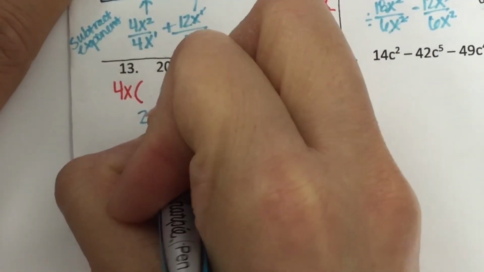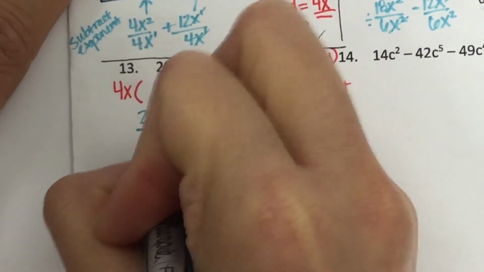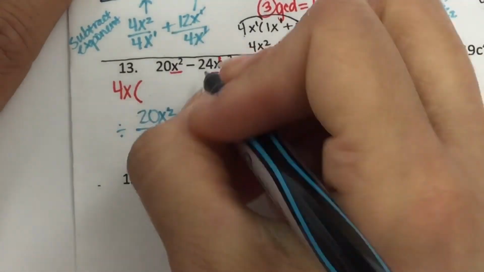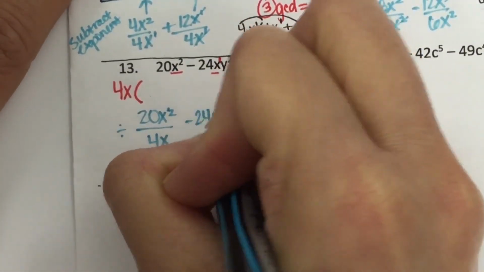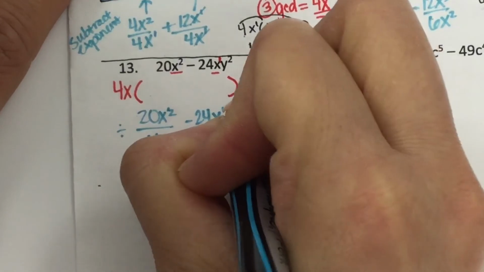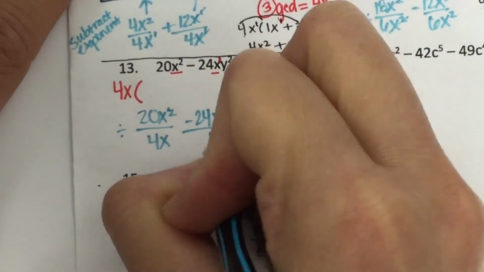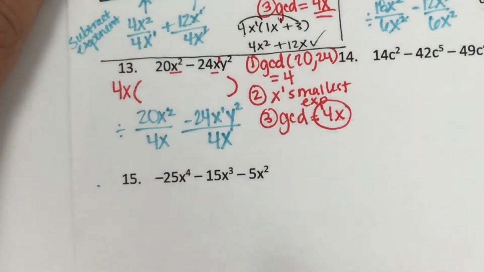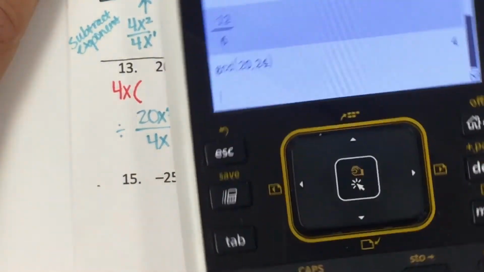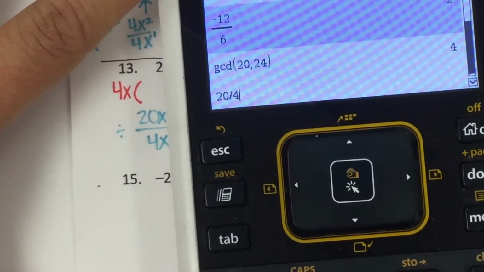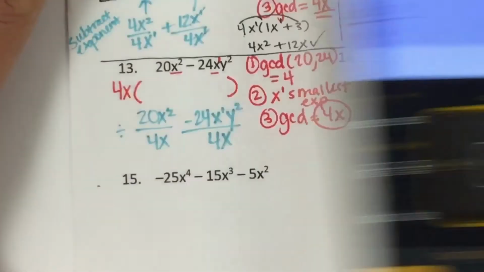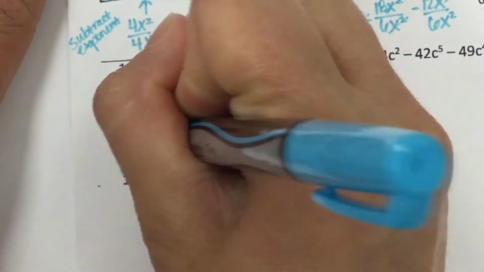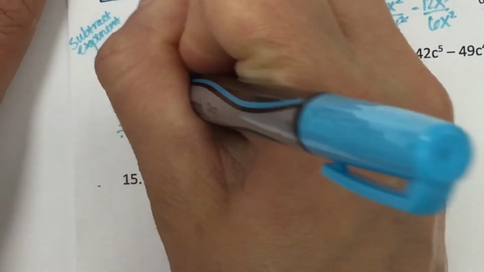So we're going to take 20x squared and divide it by 4x. You're going to take negative 24 x to the first y squared and divide it by 4x. So when you take 20 divided by 4, you get 5. Here you subtract your exponents, so 5x.